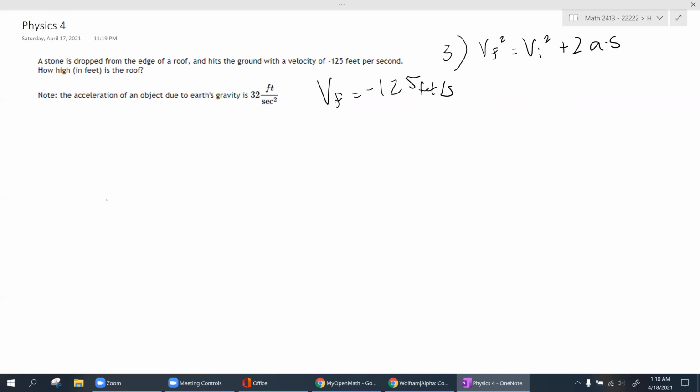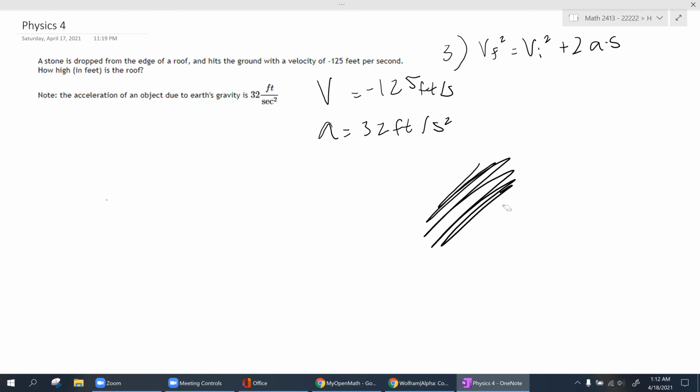Actually, I know what the acceleration is. The acceleration is 32 feet per second squared. The velocity was negative 125 feet per second.